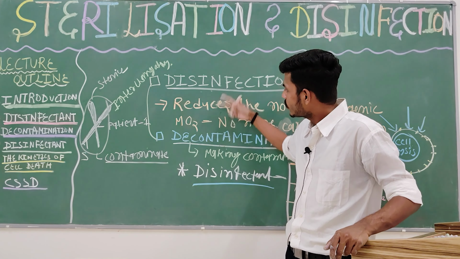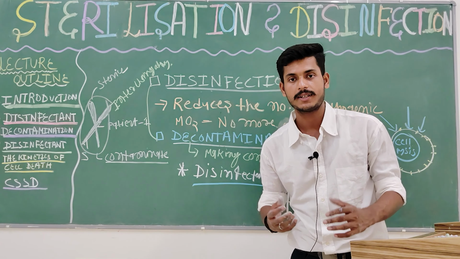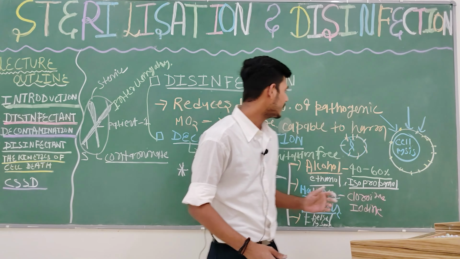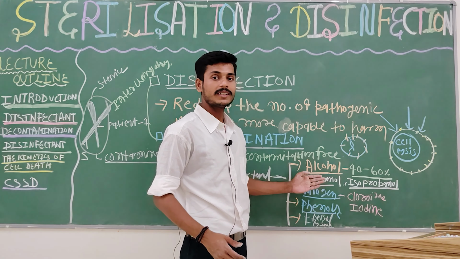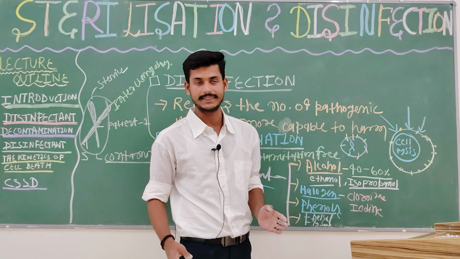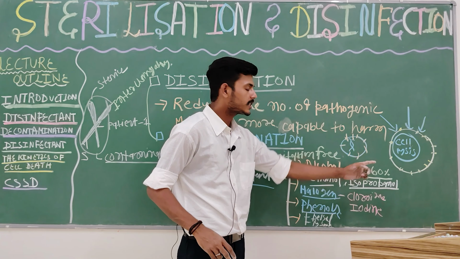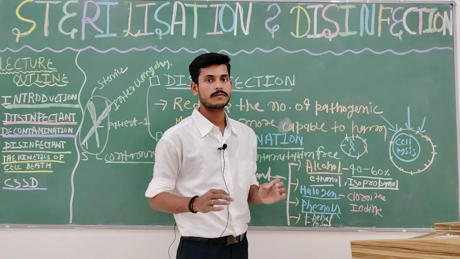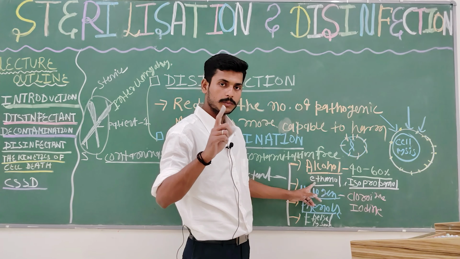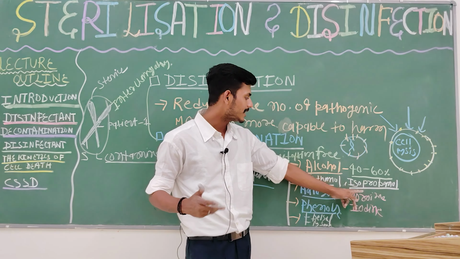Now both these techniques are done through certain chemicals, and the prime one is alcohol, and these chemicals are called disinfectants. Remember, 40 to 60% concentration of alcohol is sufficient to act as a disinfectant. Notable examples are ethanol and isopropanol.